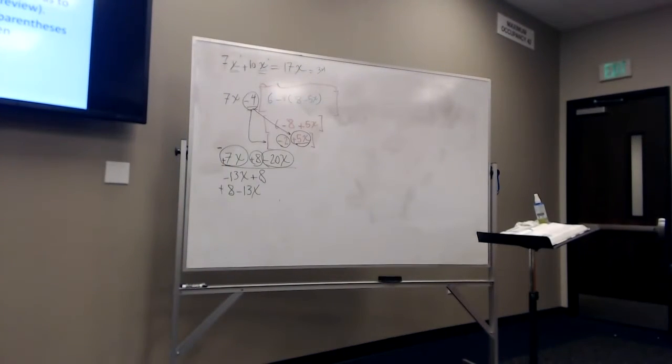Let's go. Now we come to linear equations. A linear equation in one variable is an equation that can be written in the form ax plus b equal to 0, where a and b are real numbers and a is not 0, because if a was 0, then you don't have a linear equation.